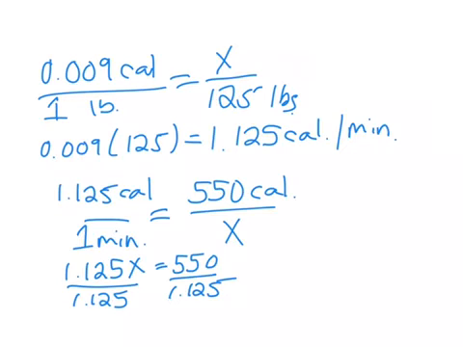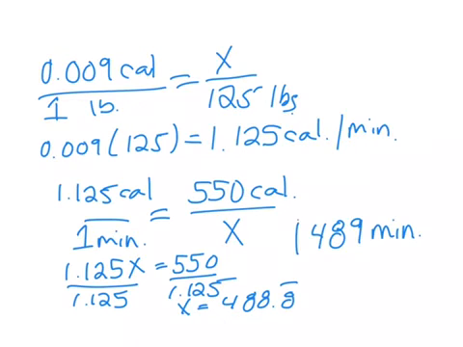And again, you can do that on your calculator. And whenever you do, you'll get x equals 488 and 8/10 repeating. Well, in terms of this word problem, it doesn't make sense to have 8/10 repeating of a minute, so we will round it to the nearest minute, so it will be 489 minutes she needs to exercise to burn off the Big Mac.